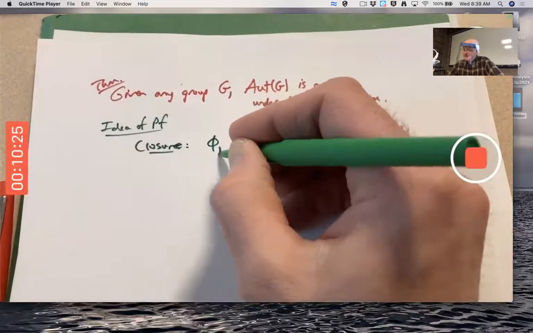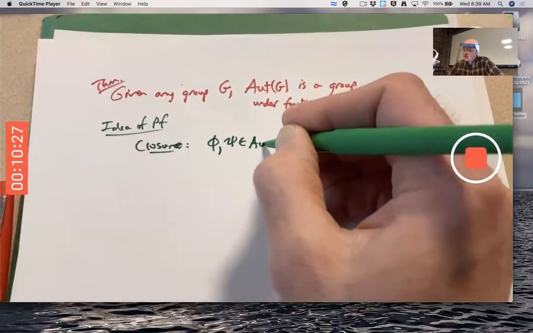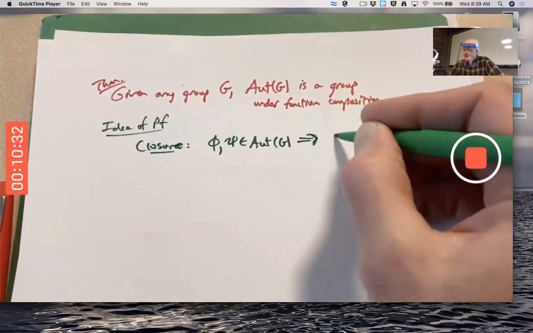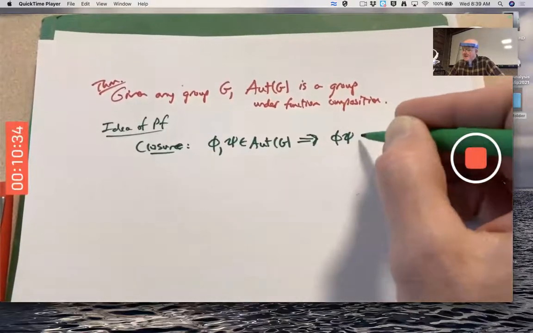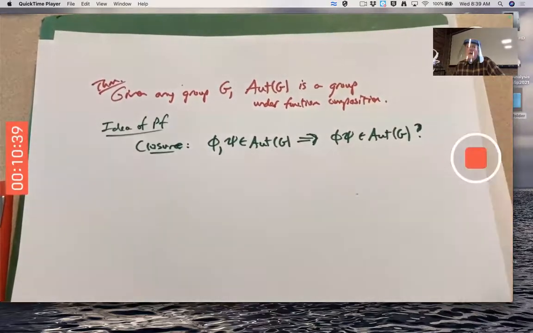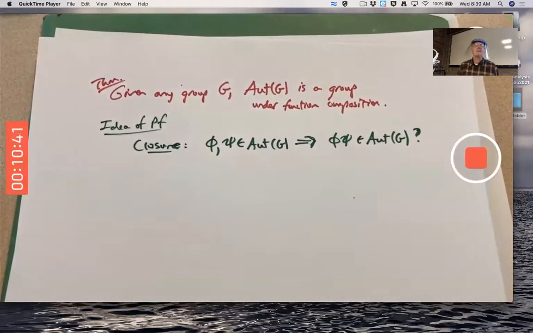If phi and psi are in Aut G, does that mean their composition phi psi is in Aut G? I'll put a question mark here. It's not completely obvious. You can't just say clearly. You should refer to something that we've talked about already, or try to prove it from scratch. Certainly, this function maps G to itself.